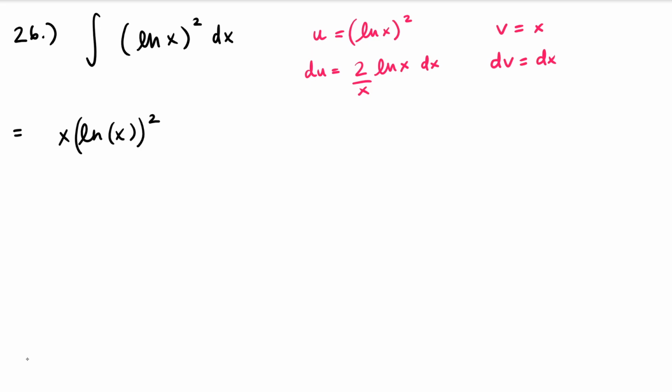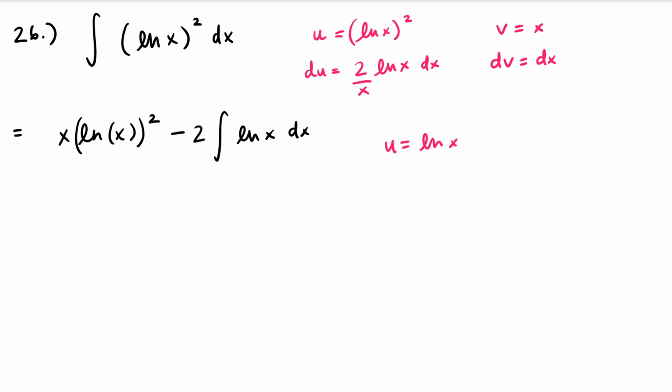So putting this together, we have x times the natural log of x, that's squared, minus the integral of v du. What's going to happen is the x in the numerator and the x in the denominator will cancel out, and we'll have 2 times the natural log of x dx. I'm going to factor out the 2 outside of my integral. Now, to integrate the natural log of x, I'm going to use integration by parts again.